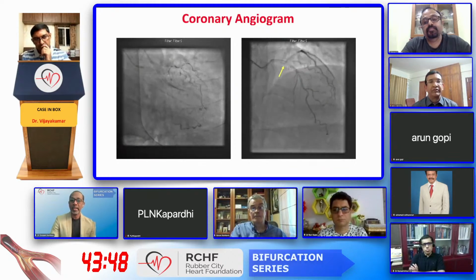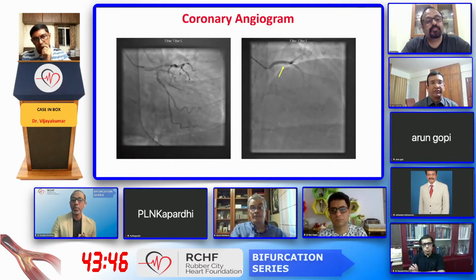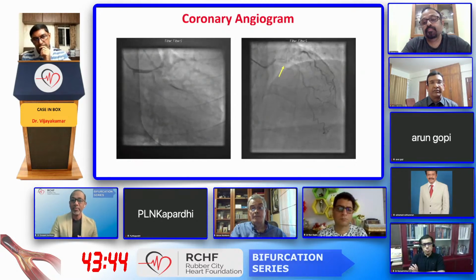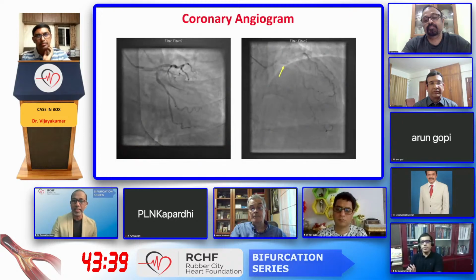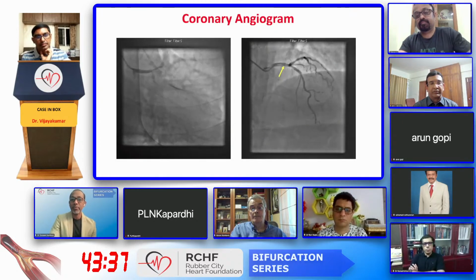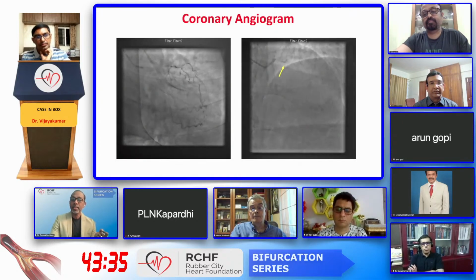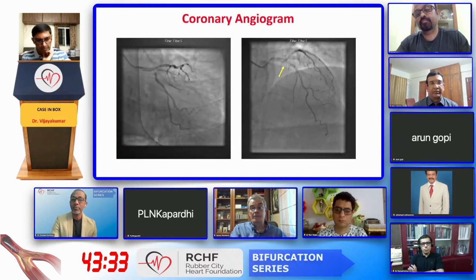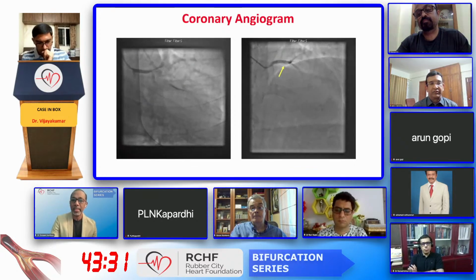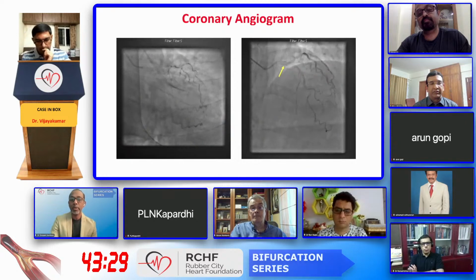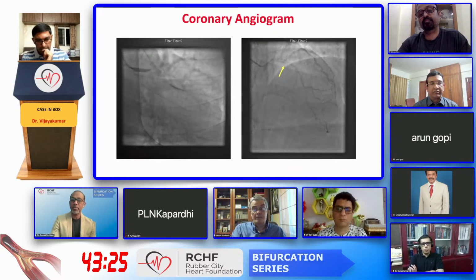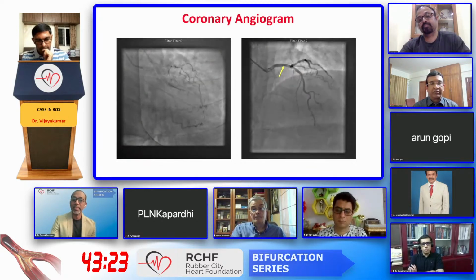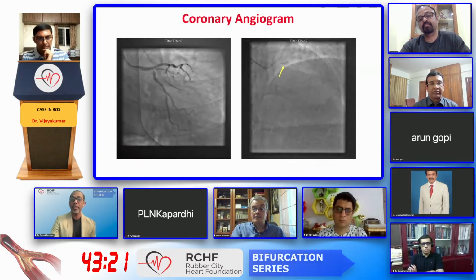The reason why I brought it up was, in case we decide that we have to have a 2-stent strategy based on FFR or imaging, then when we stent from the circumflex into the LAD, we can have minimal protrusion of the stent from the circumflex into the left main, so that finally, whatever stenting strategy we go ahead with, the amount of stent that comes from the circumflex into the left main could be significantly reduced. Probably you can reduce it to 5 millimeters or less.